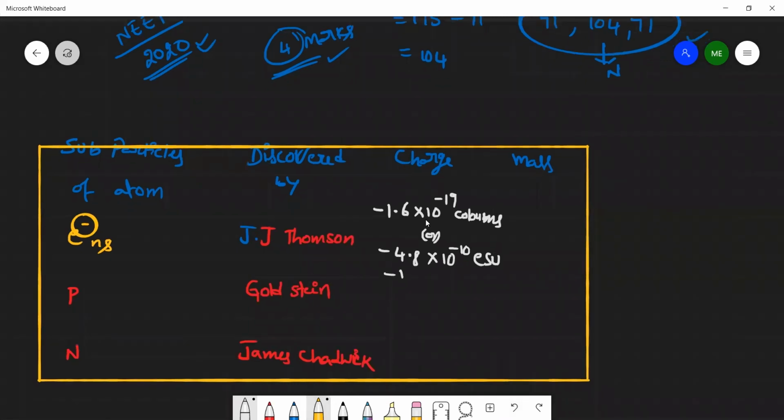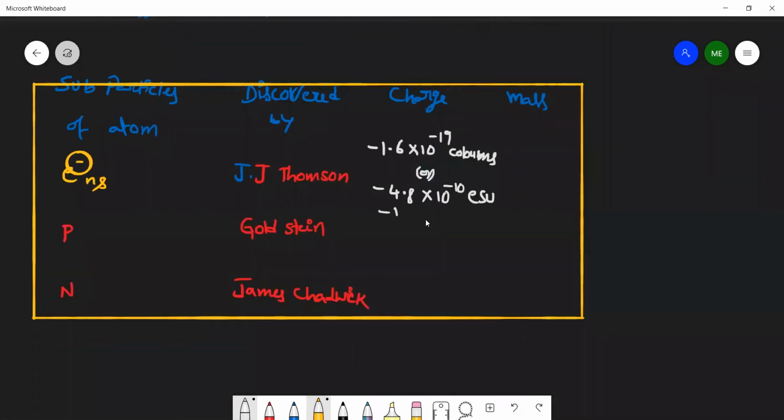So these are about the electron. Then we'll go to the proton. For the proton, this is minus, that is plus: plus 1.6 into 10 to the power of minus 19 coulombs, or plus 4.8 into 10 to the power of minus 10 ESU, electrostatic units.